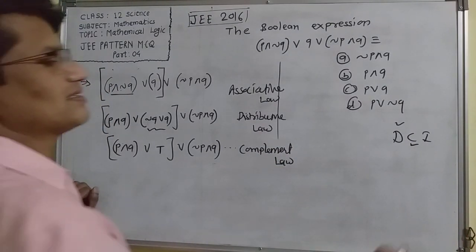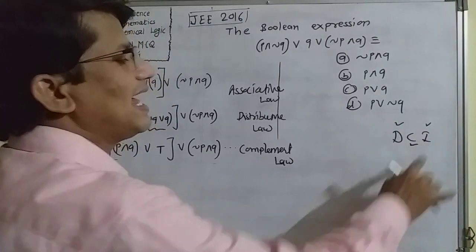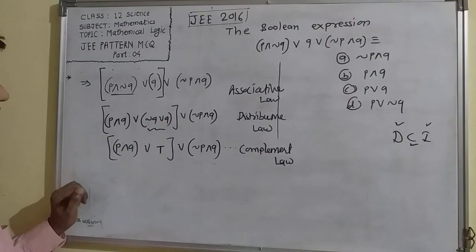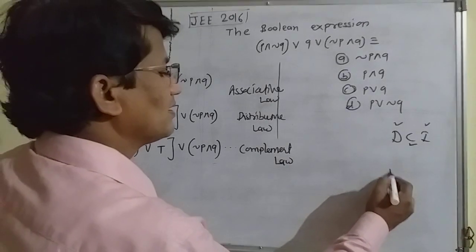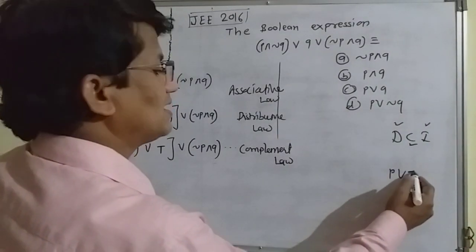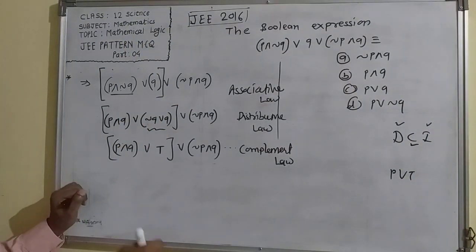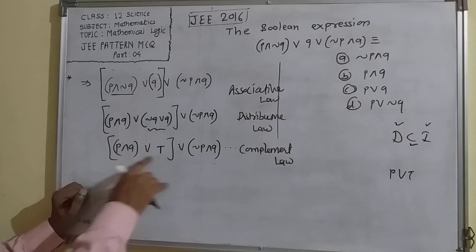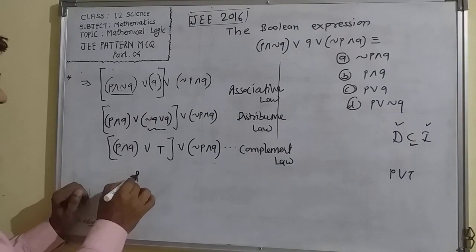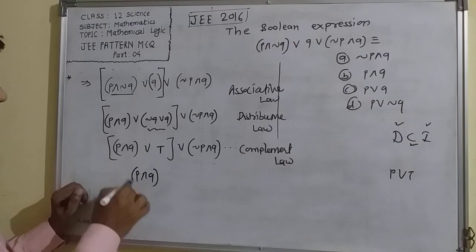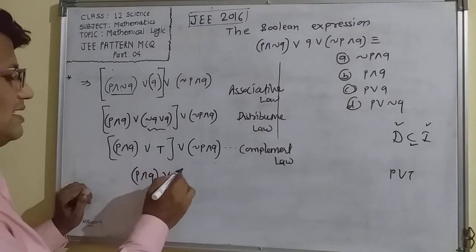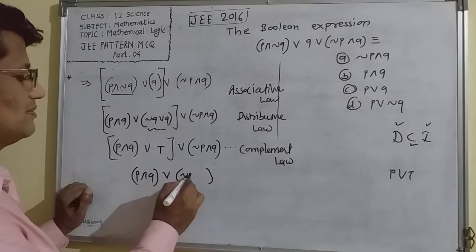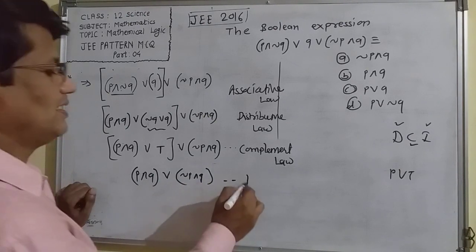By applying this, it remains to apply I. I means what? Identity law. Here P or with T, this bracket or with T. So the answer is only the bracket by identity law. And here no change. Here identity law.